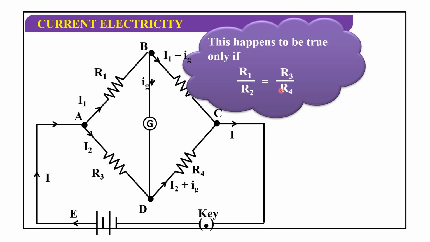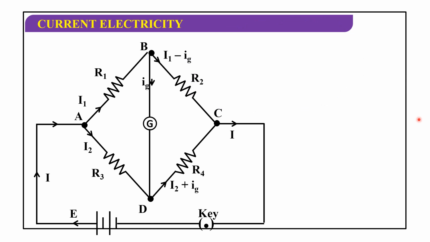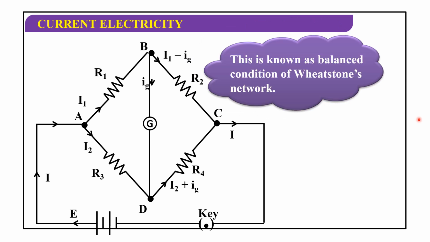This happens to be true only if R1 by R2 is equal to R3 by R4. If this expression is true, then the potentials at B and D are the same and no current flows to the galvanometer. This is known as the balanced condition of Wheatstone's network or Wheatstone's bridge.